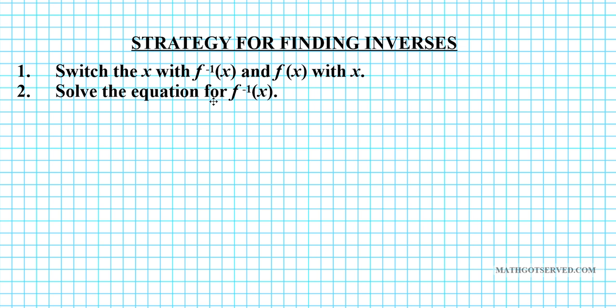In step one, what we're basically doing is switching the output with the inputs and the inputs with the inverse of the outputs. After carrying out the switch, we're going to solve the equation for f inverse of x, and the resulting equation will be what our inverse is equal to.